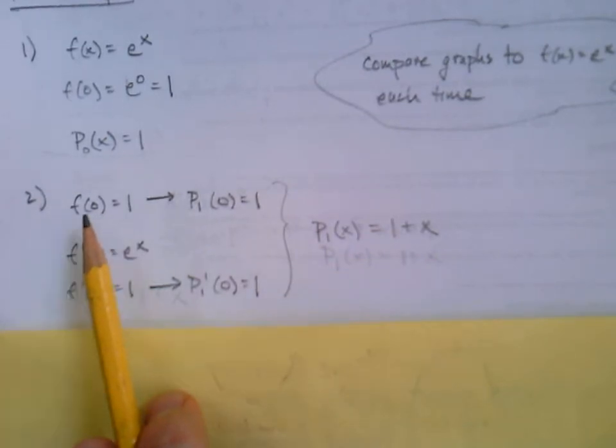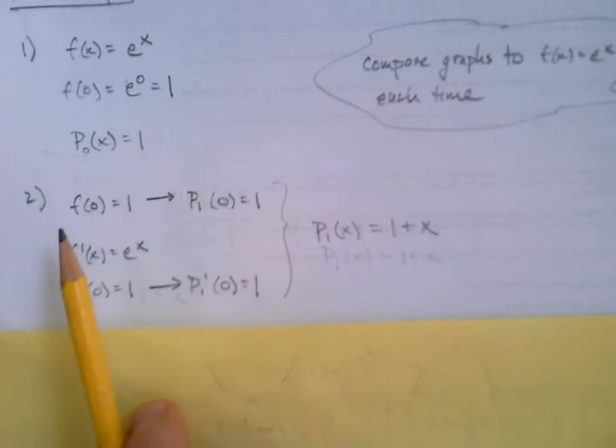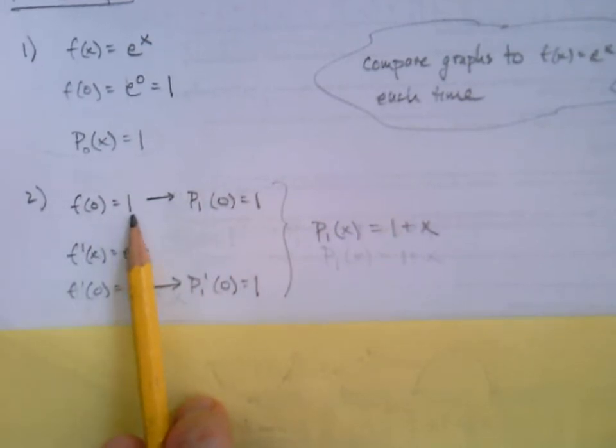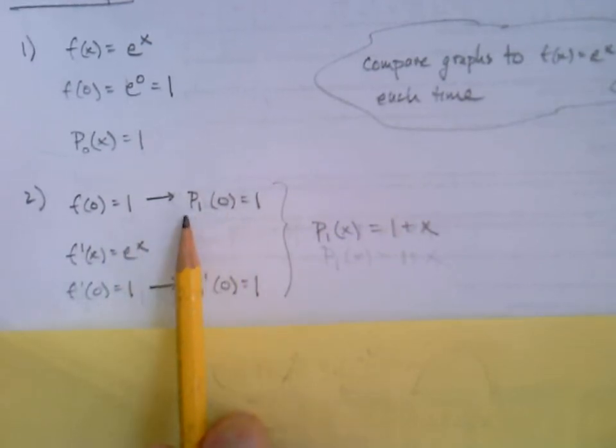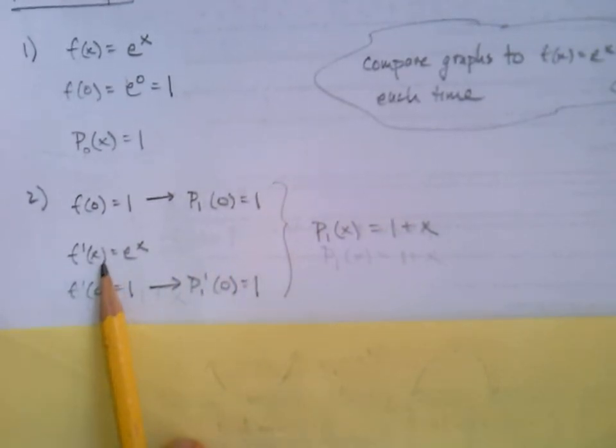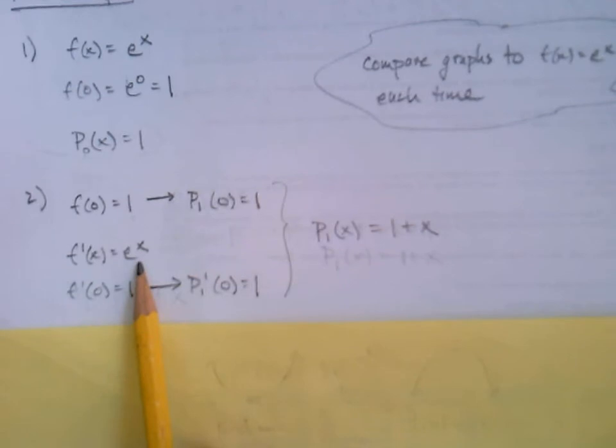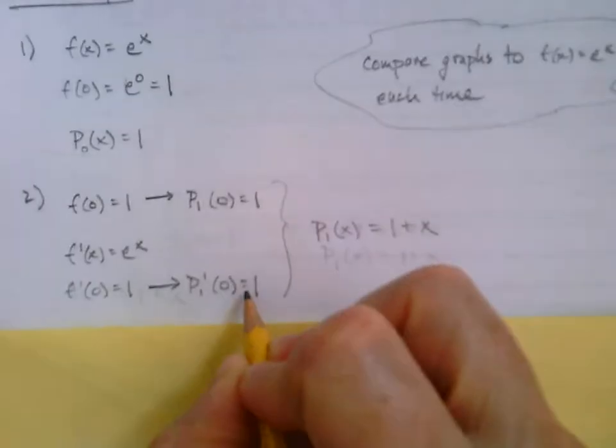We want p1 of 0 to equal f of 0. Well, f of 0 equals 1. So we need p1 of 0 to equal 1. The derivative of e to the x happens to be e to the x. So f prime of 0 also equals 1. So we need p1 prime of 0 to equal 1 as well.